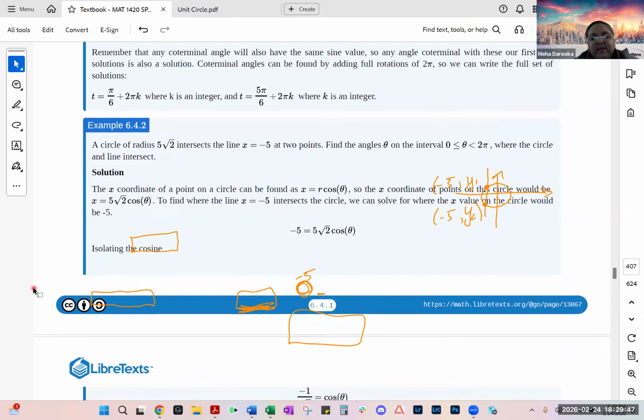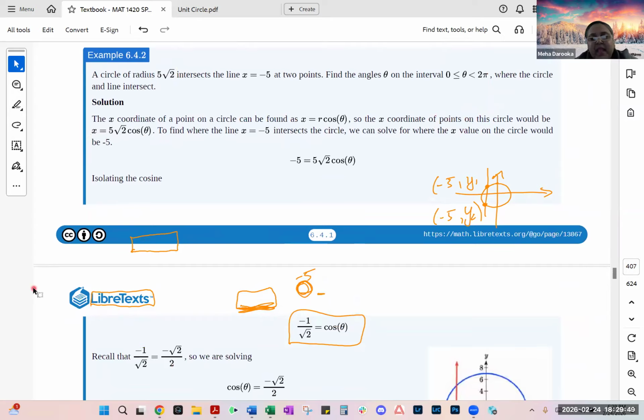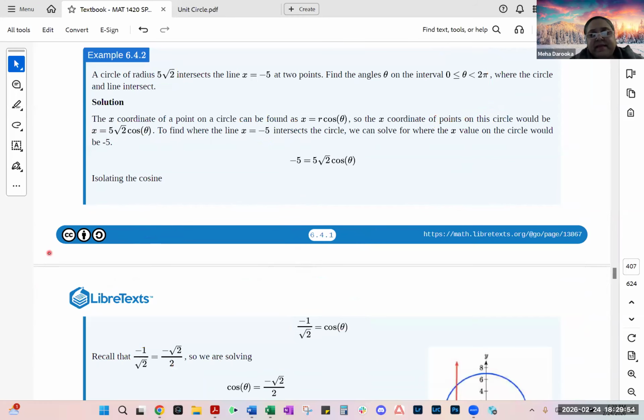So isolate that cosine of theta, and we would end up dividing both sides of this equation by 5 square root of 2, right? This would cancel out on the right-hand side, leaving us with cosine of theta. And then you've got -5 divided by 5 square root of 2.